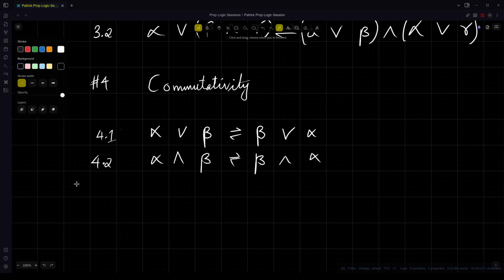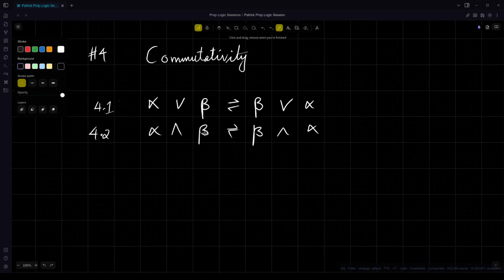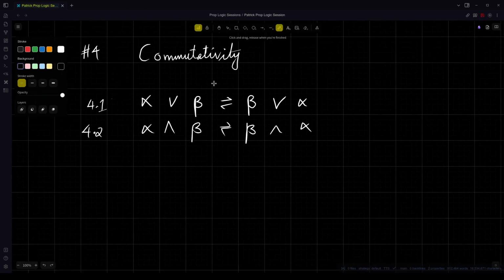It's not as difficult as rules of inference. So we've shown that disjunctions and conjunctions are commutative, right? There's one more operator which is commutative.